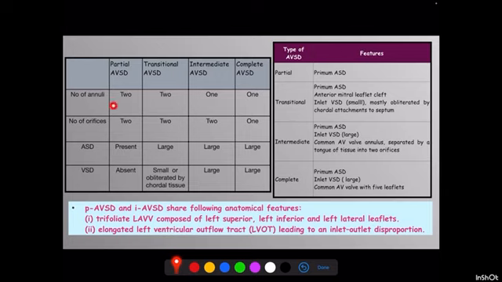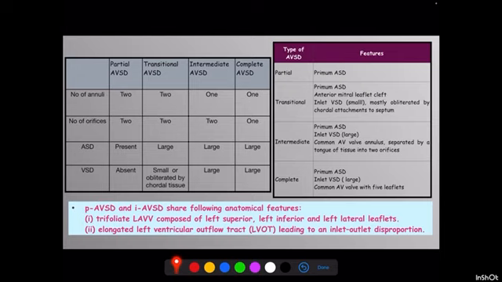So the number of annulus is 2 in partial, in transitional also 2, and in intermediate AVSD and complete AVSD, you have only one annulus. But remember, the number of orifices is 2 in the intermediate AVSD because you have a bridging between the anterior and posterior leaflet.